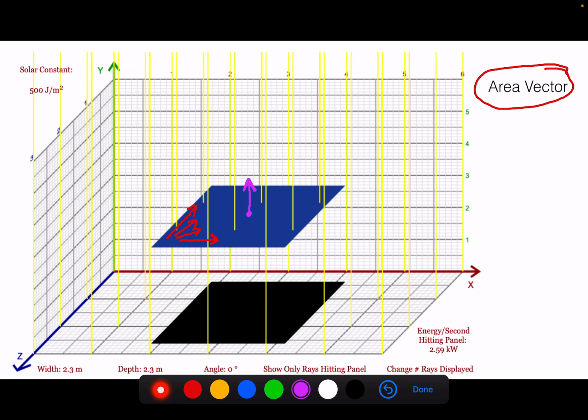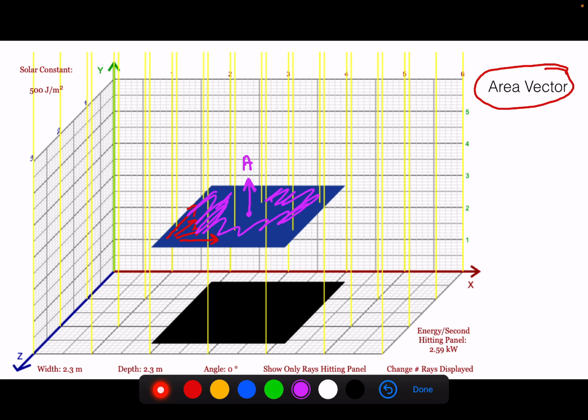perpendicular to the actual area. So even though the area, the solar panel, is horizontal, we're going to point our area vector 90 degrees to that. So the area vector would point in the y direction, even though the solar panel is in the x and z directions. All right, so there it's unambiguous.